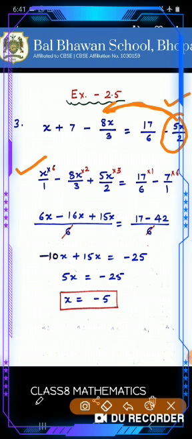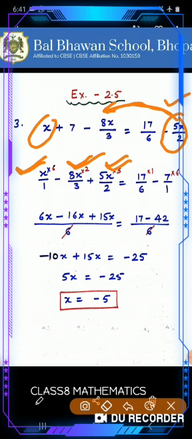Children, you can see that 8x upon 3 and 5x upon 2 are in the form of fractions, and x is written as a whole number over here. So we will write x also as a fraction, x upon 1. Now we have all three variable terms on the left hand side, right?